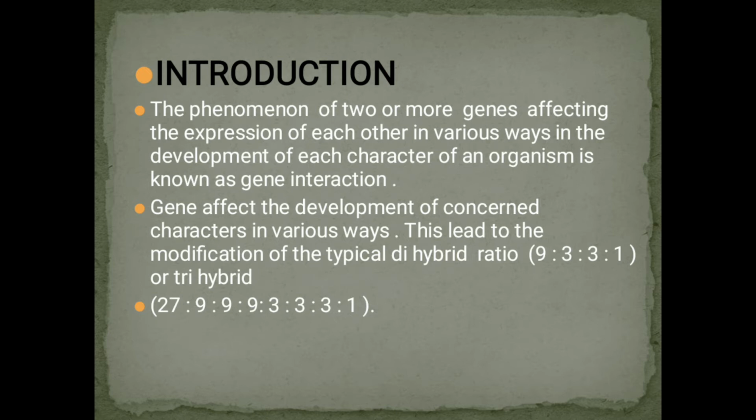Genes affect the development of concurrent characters in various ways. These lead to the modification of the typical dihybrid ratio 9:3:3:1 or trihybrid ratio 27:9:9:9:3:3:3:1.